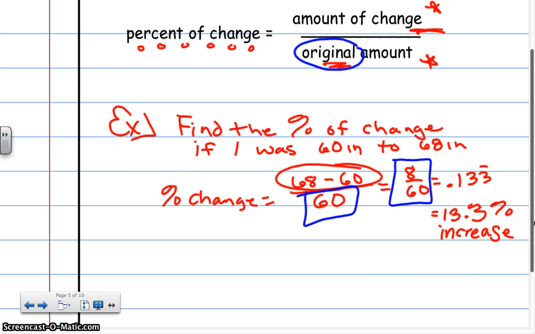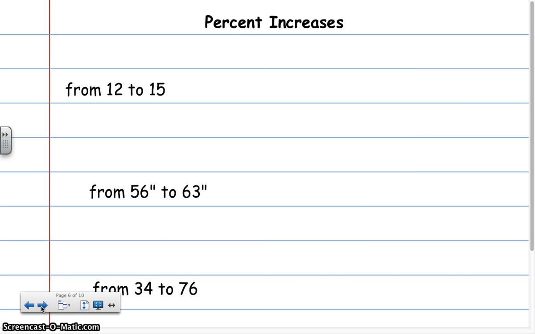And then in my calculator, I went 8 top divided by bottom, 8 divided by 60, which gave me this. And then I converted that to a percent by moving 1, 2 over. So that's 13.3%. And then I determined, is it increase or decrease? And it's increase because I got bigger. We're going to do some more examples together.